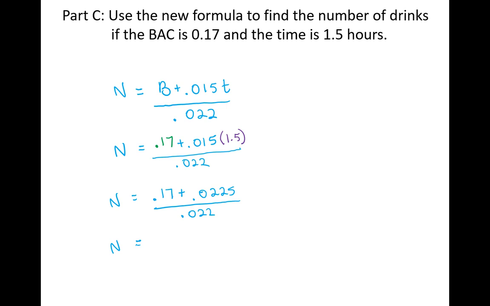The top is 0.17 plus 0.0225. That's 0.1925 divided by 0.022. And that gives me 8.75. Notice this person had a very high blood alcohol content when he had not been drinking that long a time. So 8.75.